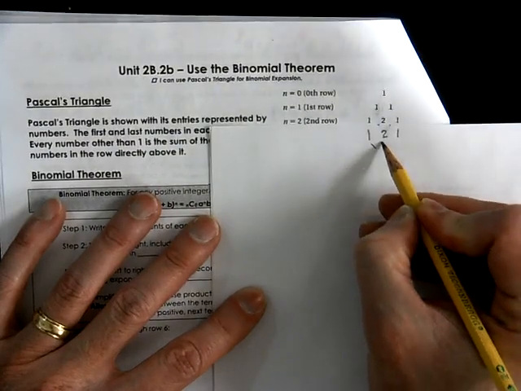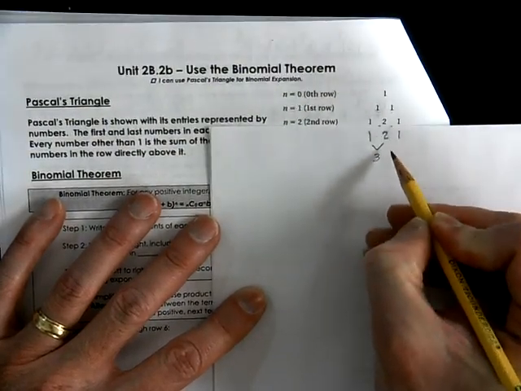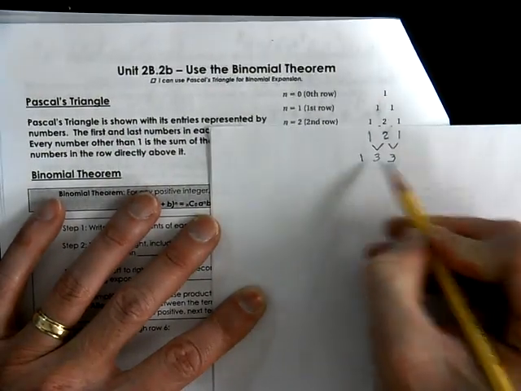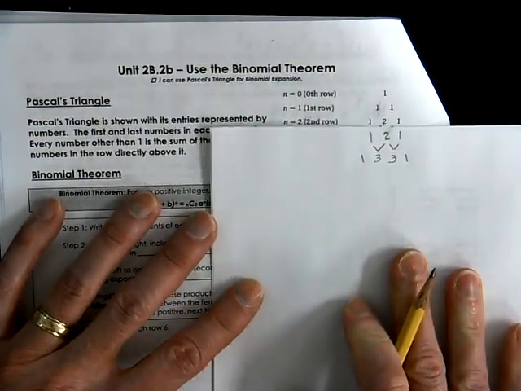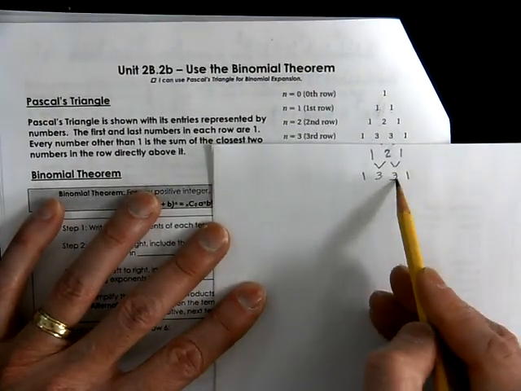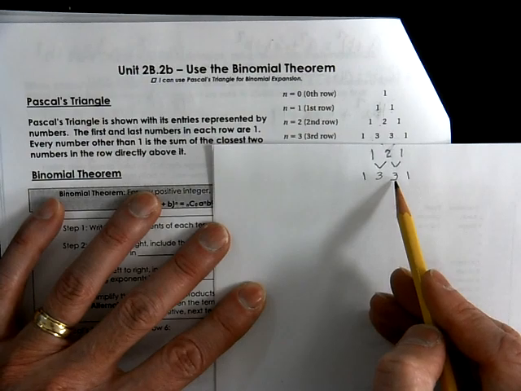So if we add the two numbers together that are right above it and throw ones on the end, you'll see what the next row is in Pascal's triangle.